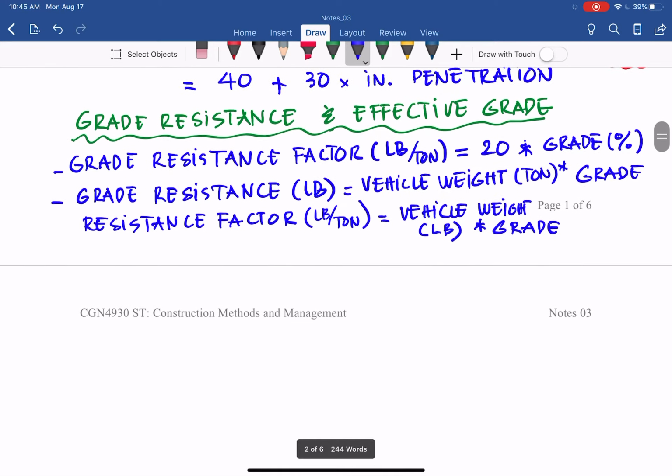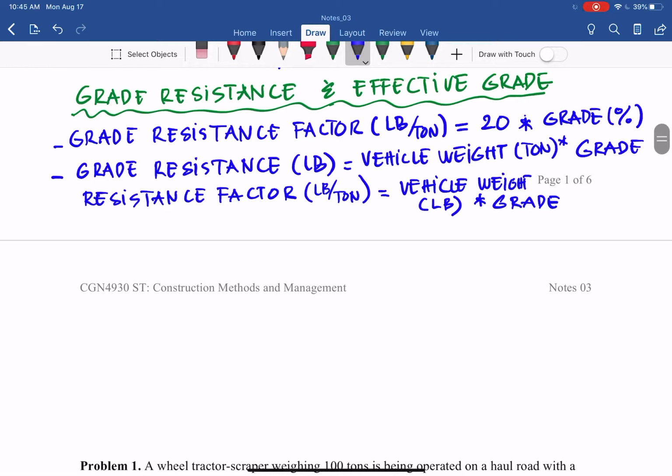And from that we will have effective grade. This basically helps us to determine the travel time or variable time for the operation of equipment.